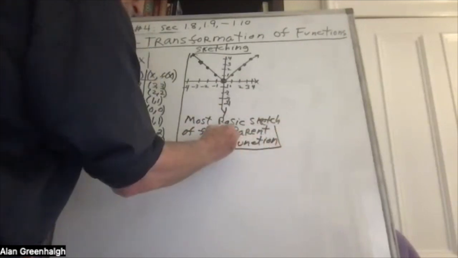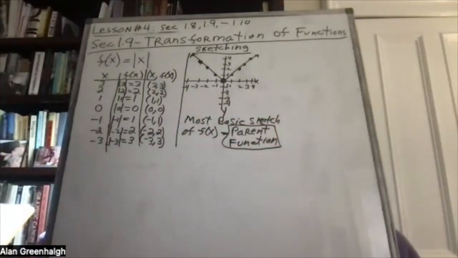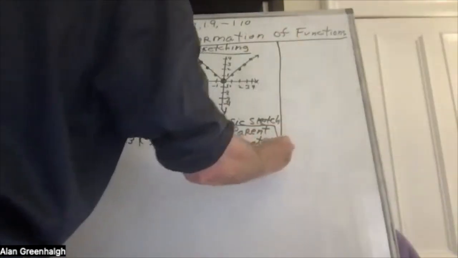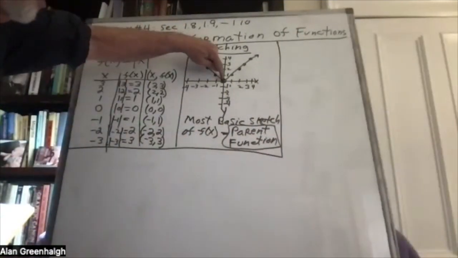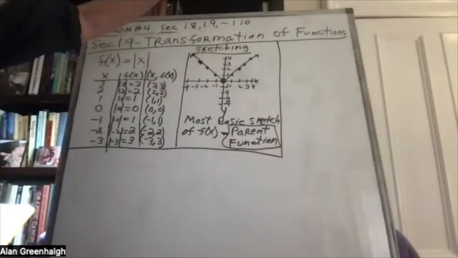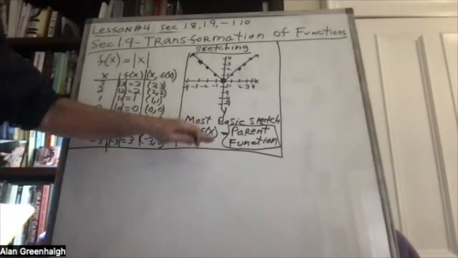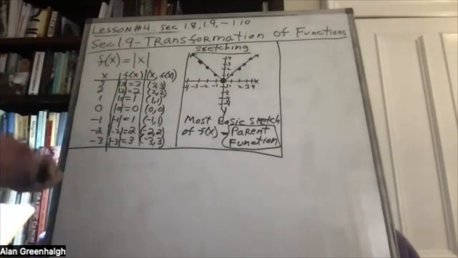The parent function is very, very important to know. When I start moving things around, we always start with the parent function. The parent function is the simplest version of it, which starts at 0, 0 and then goes wherever it goes. But you always start with the parent function before you start transforming things.